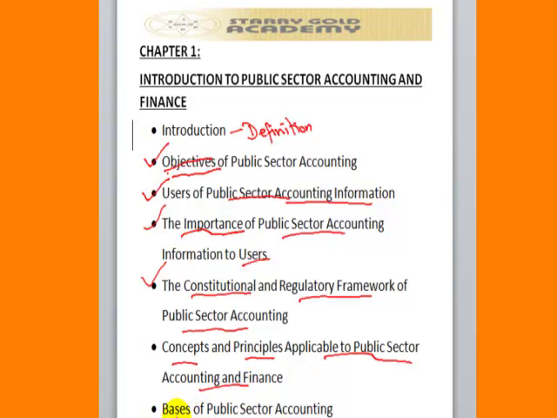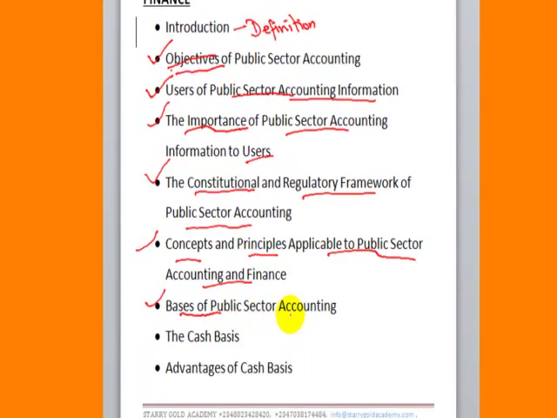And after this, we'll look at the accounting basis, the basis of accounting to public sector accounting.